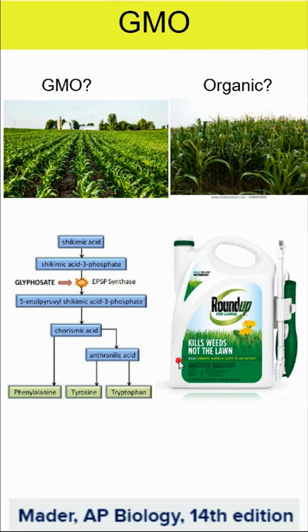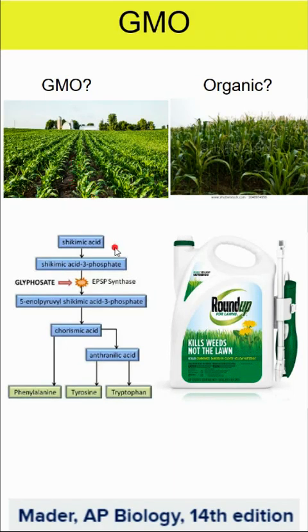So this idea brings us to GMOs, so genetically modified organisms. We think about this a lot of times with corn, and the corn has been genetically modified so you can spray Roundup herbicide on it and not kill the corn, but kill everything else.